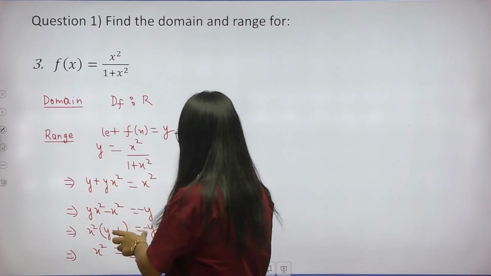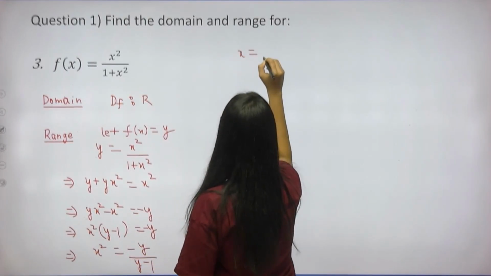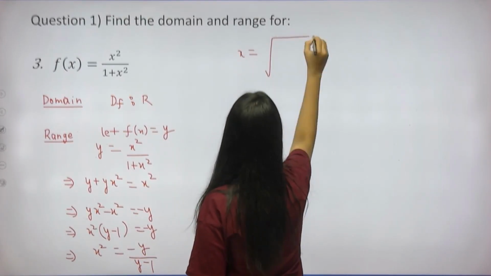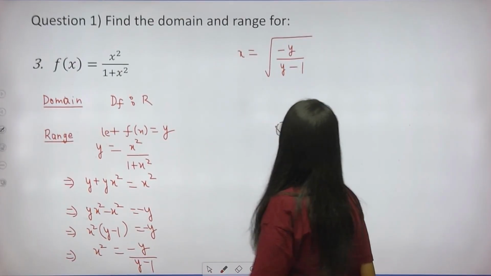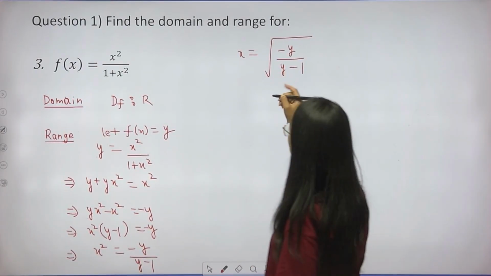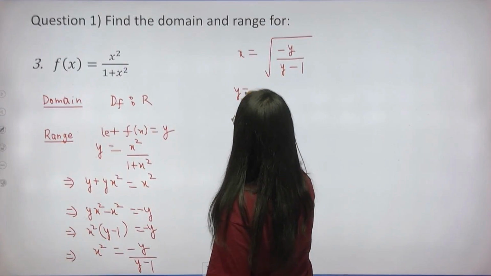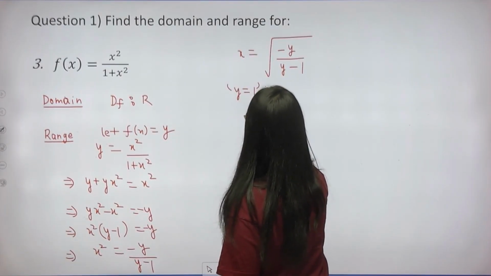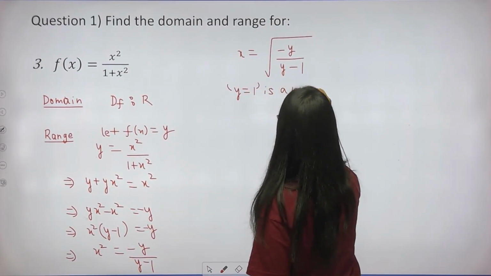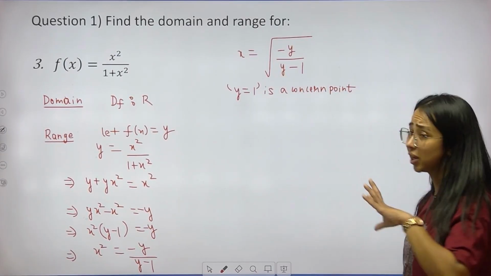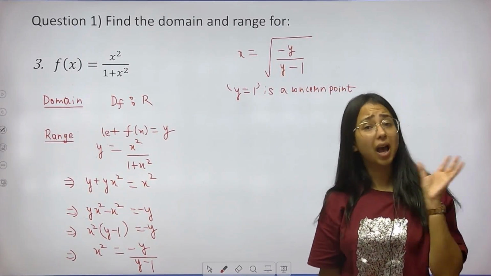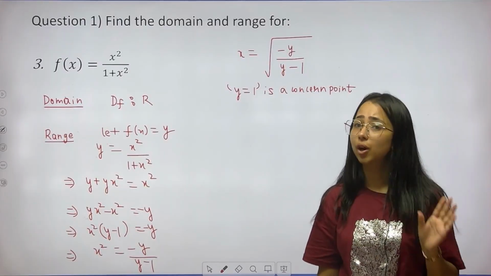And the value of x will be equal to under root of minus y over y minus 1. Here also y equal to 1 is a concern point. We'll check later whether it is actually a concern point or not.